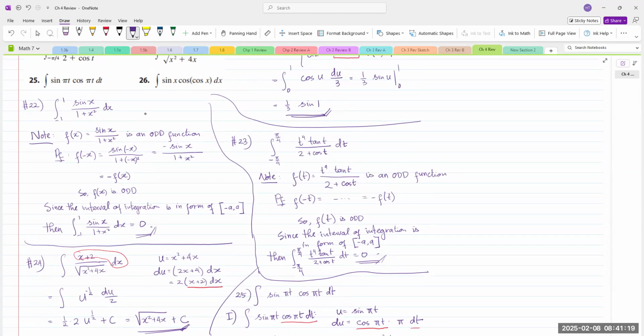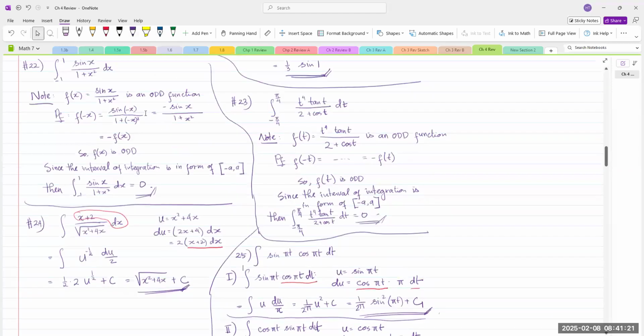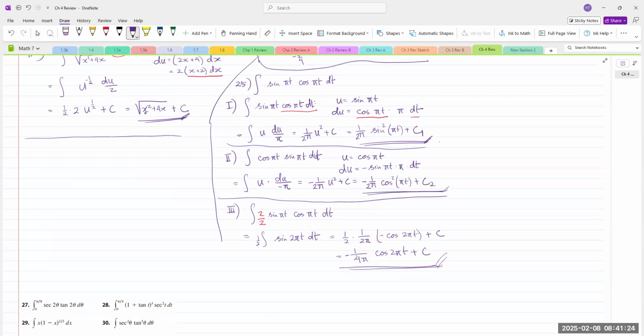Last one, number 26, integral sine x cosine of cosine x dx. If my u is cosine x, my du is negative sine x dx, right?